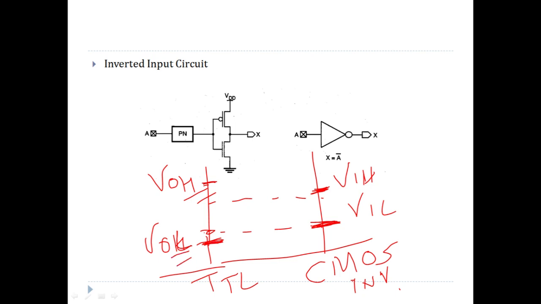So basically the noise margin that you have to manage, of course there is something called a threshold voltage VT that you have to design.